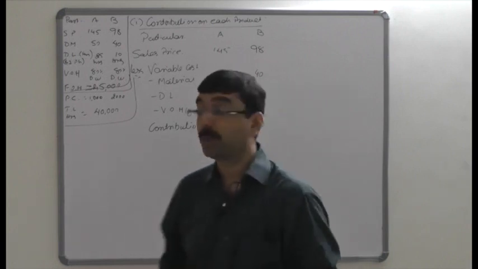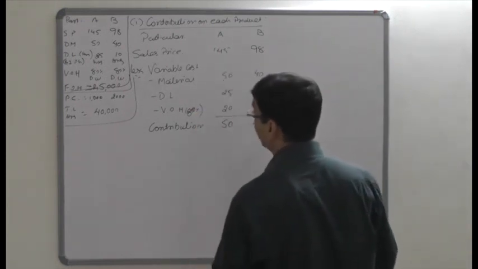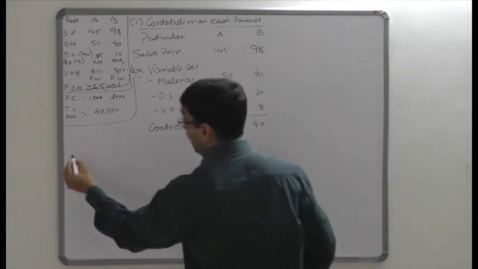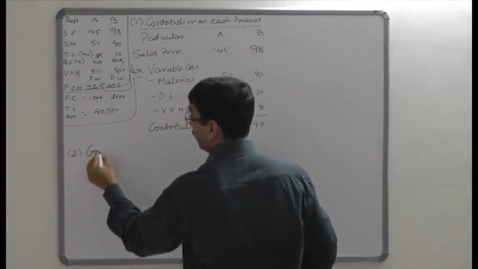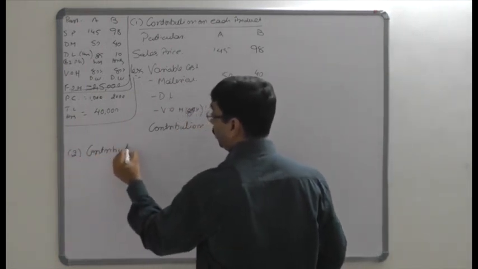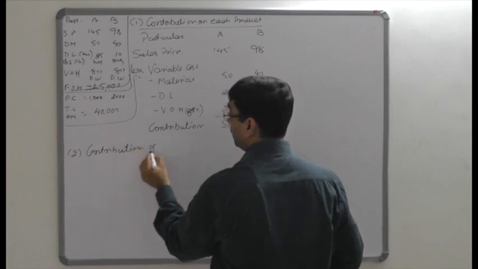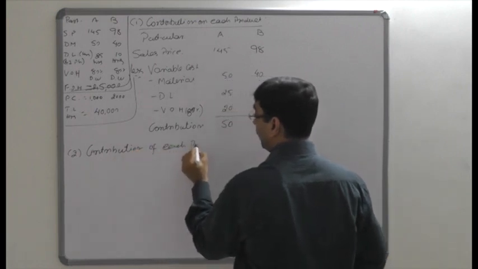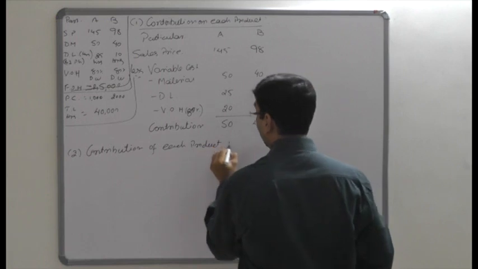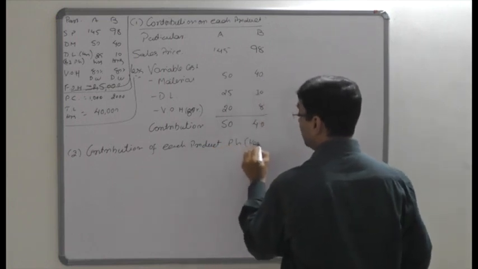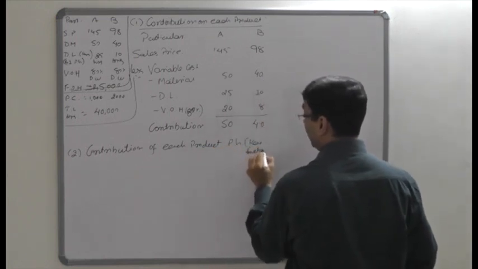Now contribution per unit as per the key factor would be identified, and that is your second working. We already found the contribution, but now we will find the contribution of each product per hour, that is, as per the key factor.